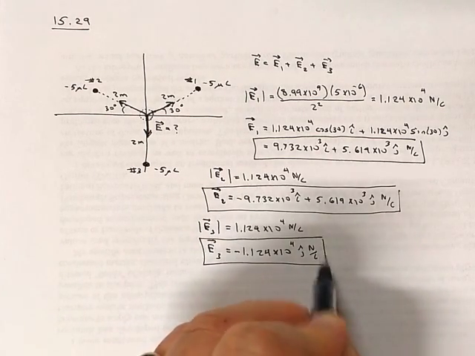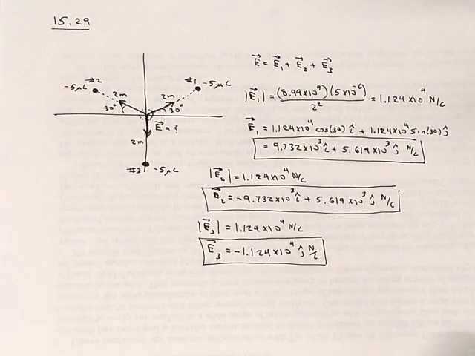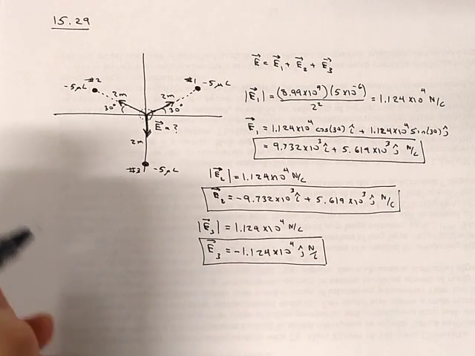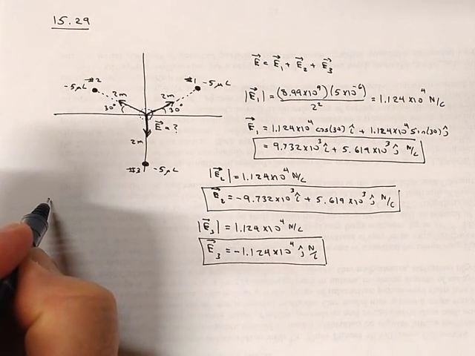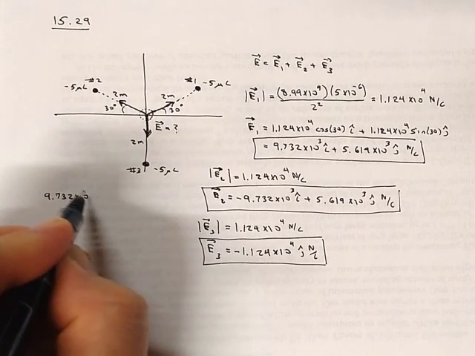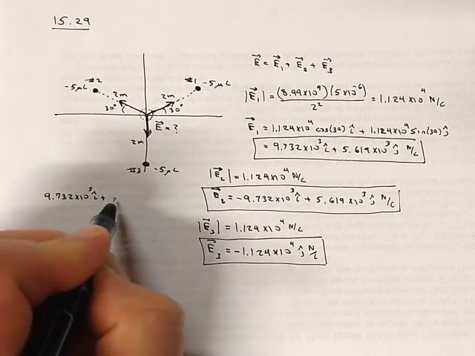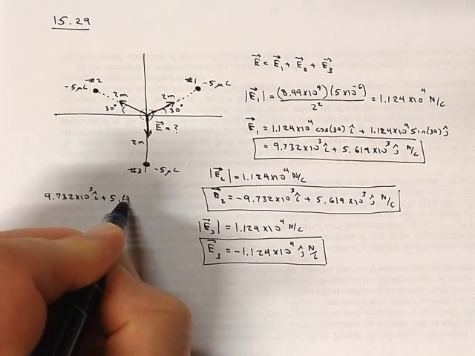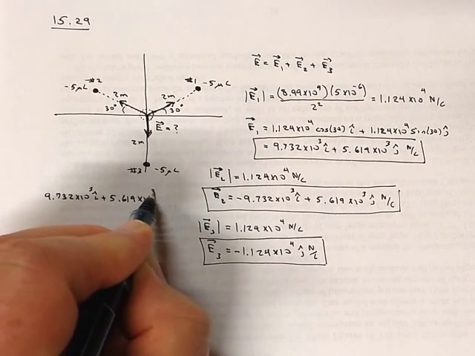There's the last contribution. Now all I have to do is add these together. Let me see if I can add them over here. I'll just put E1, 9.732 times 10 to the 3rd i plus 5.619 times 10 to the 3rd j.